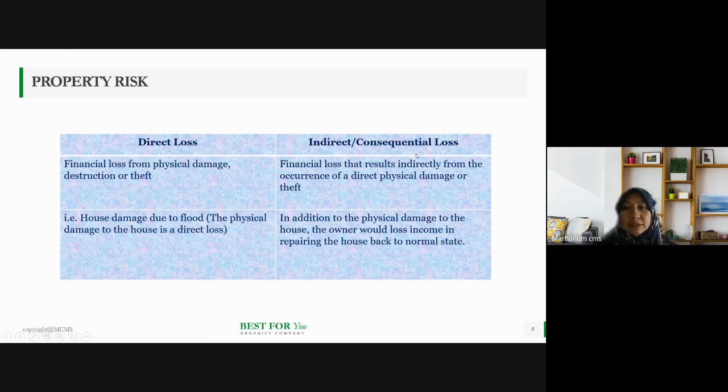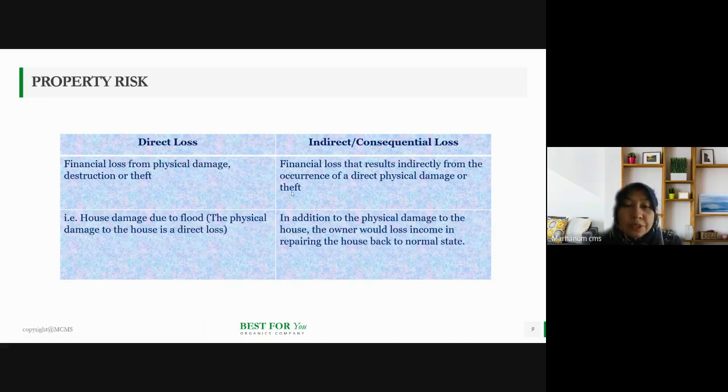Indirect loss is when, after it occurs to the building, there will be other losses, like a financial loss that results indirectly from the occurrence of a direct physical damage, like a fire on the buildings. So what's inside the buildings, like cash, a laptop, all the electrical appliances, is also lost, but indirectly.